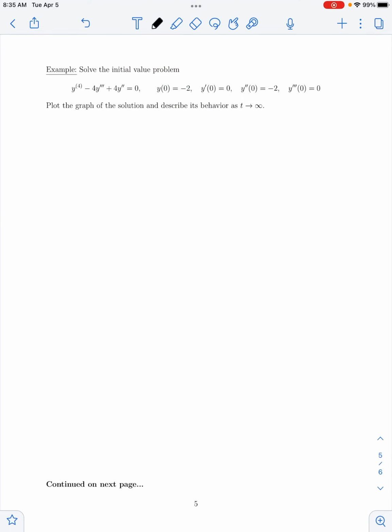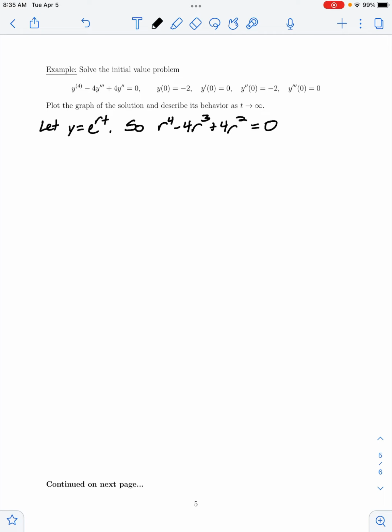So we know our method for solving this type of equation is to look for solutions of exponential form, y equals e to the rt power, so that r satisfies the characteristic equation r to the fourth minus 4r cubed plus 4r squared is equal to 0.